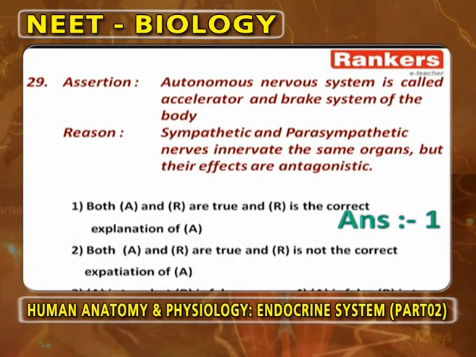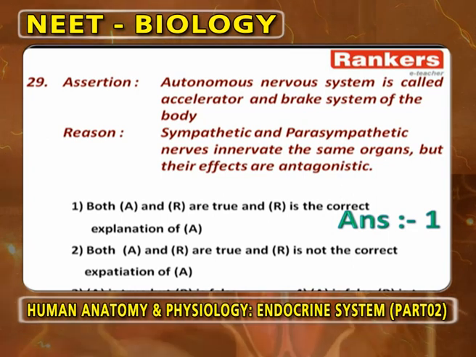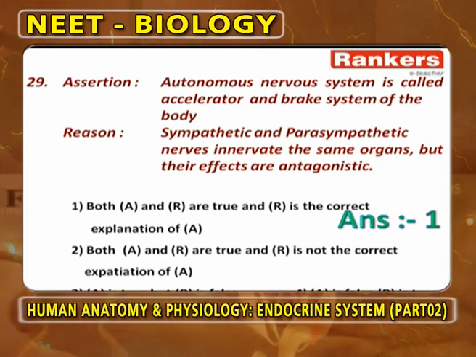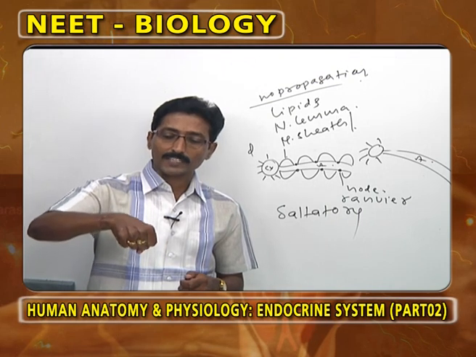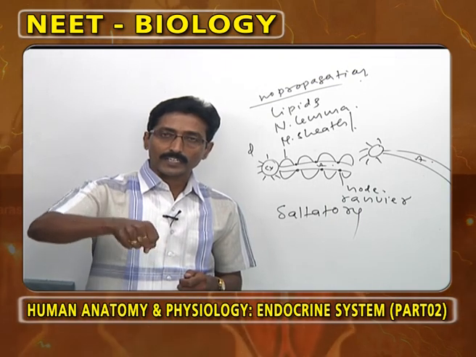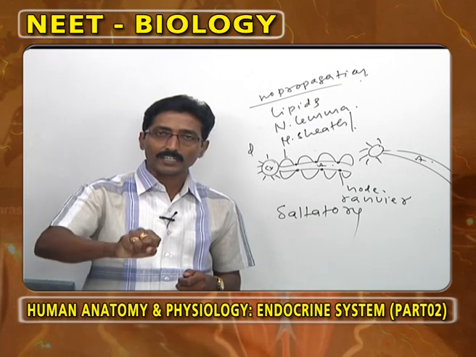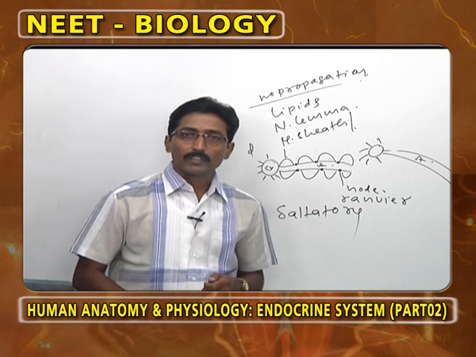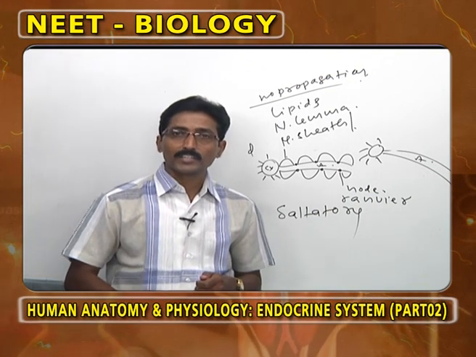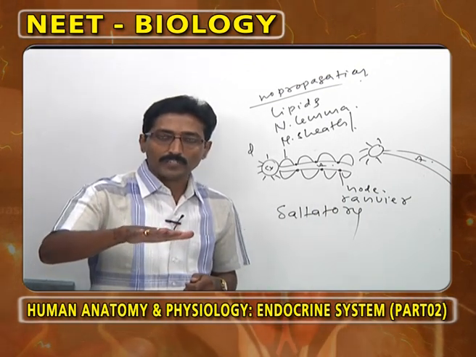The autonomous nervous system is called the accelerator and brake system. Now we have a good idea regarding the bike. In the bike, as we raise the accelerator, the vehicle moves forward. Now if we apply the braking system, the bike is going to stop.